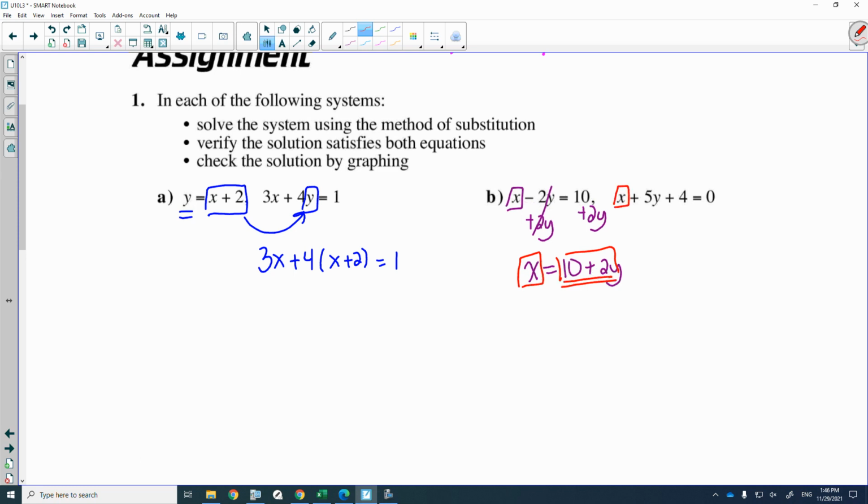So this x would come out and 10 plus 2y would go in. And then you'd have your 5y, you'd have your 4, and that is equal to 0. You'd be bringing your y's together and solving for y.